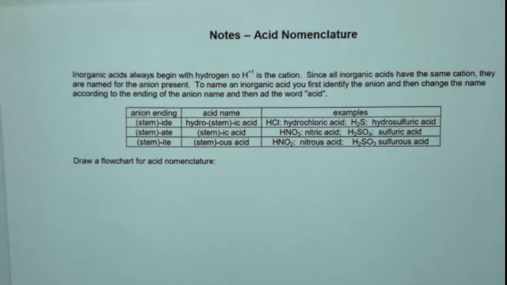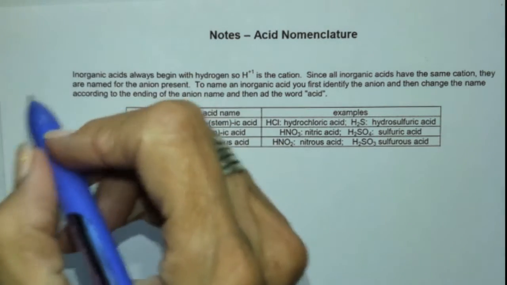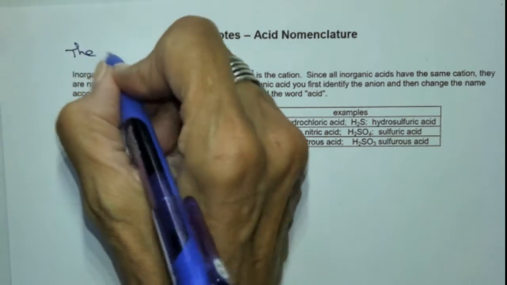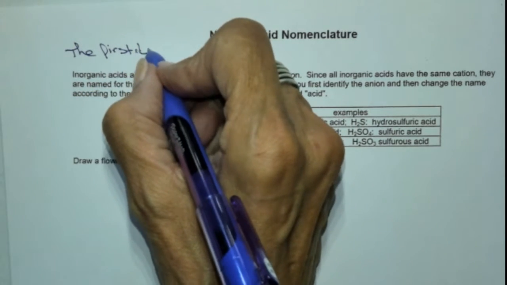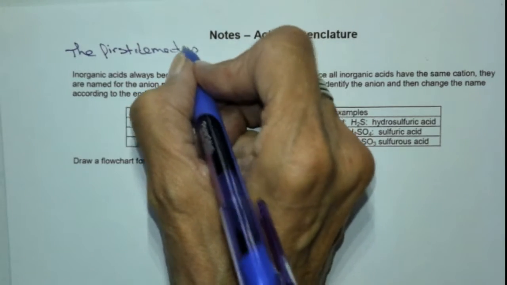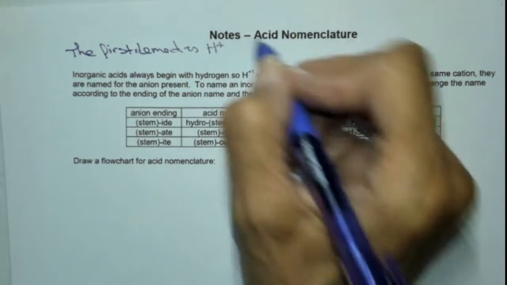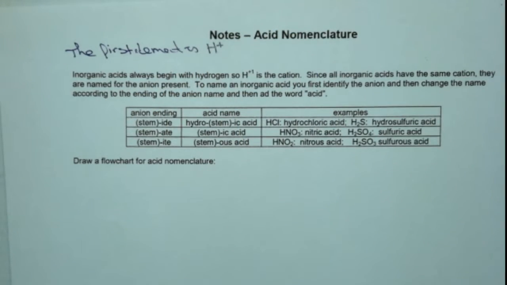Okay, today's lecture is naming nomenclature on acids. With this one, we start off with the first element, hydrogen. That is our clue that we have an acid.